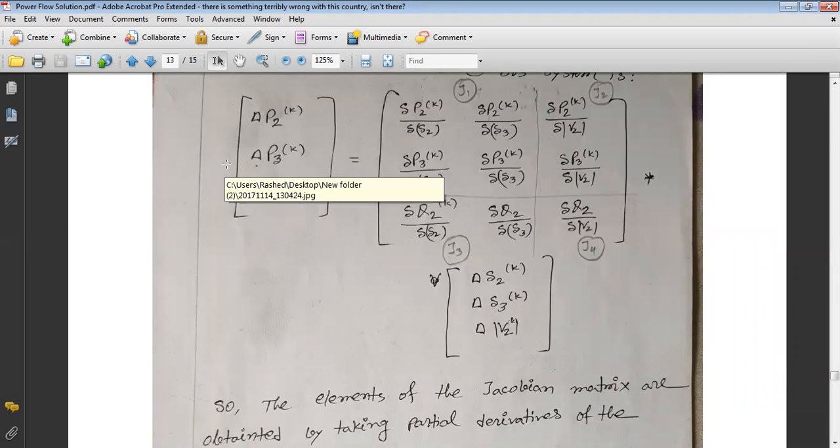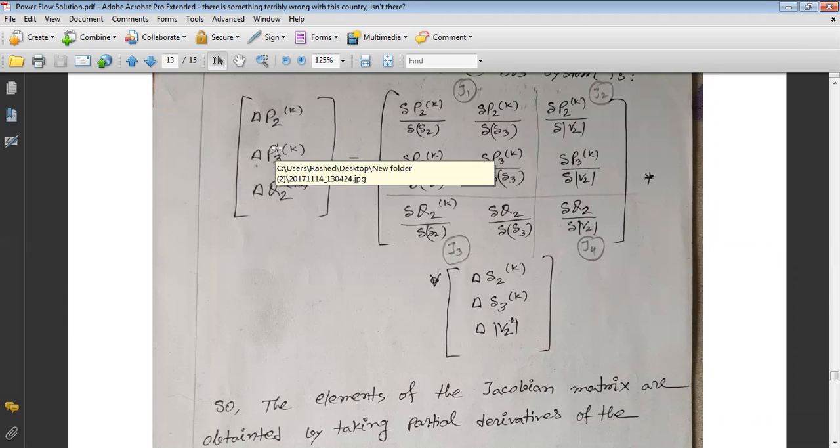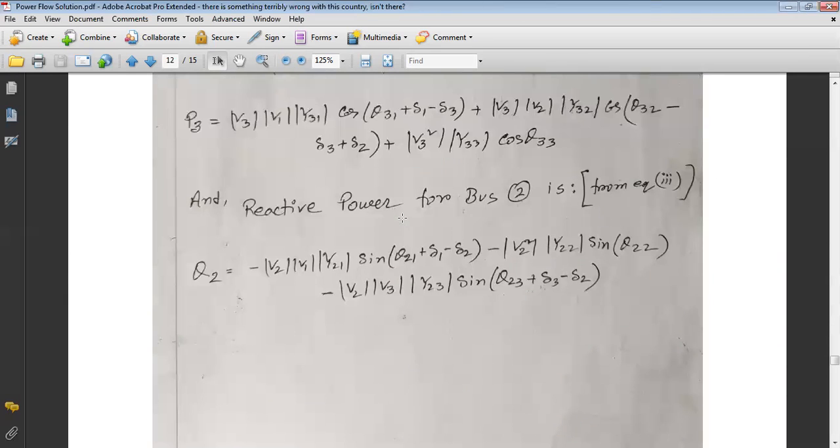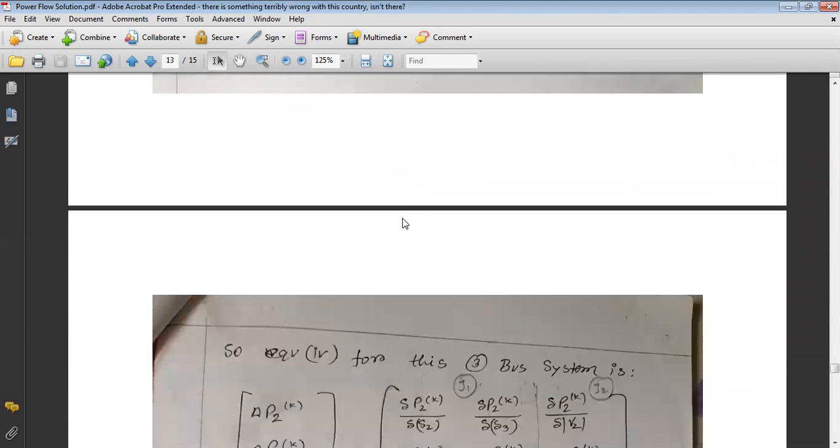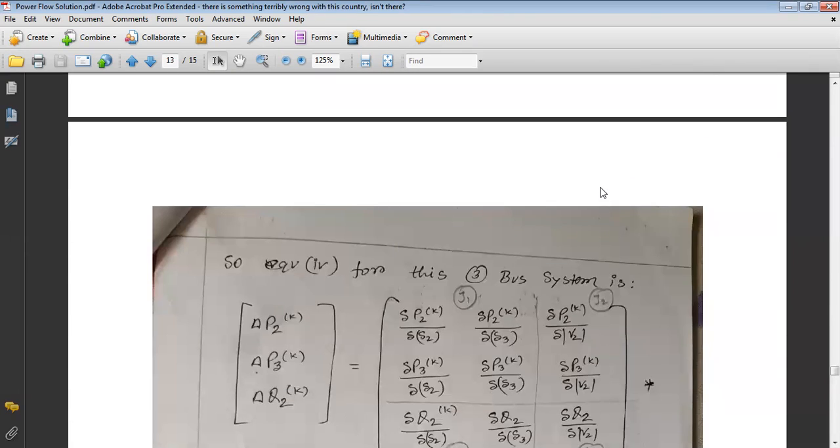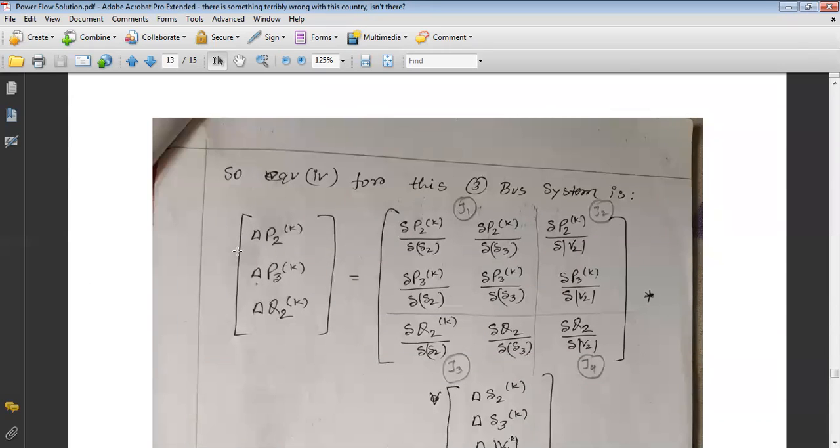So this is a 3-bus power system. Bus 1 is the slack bus. It doesn't matter, because if bus 2 is also a PQ bus and bus 3 is also a PQ bus, then there should be 4 power mismatches. But here bus 2 is a PQ bus and bus 3 is a PV bus.